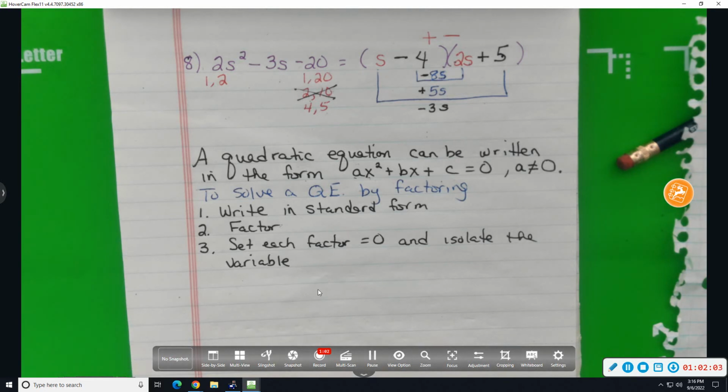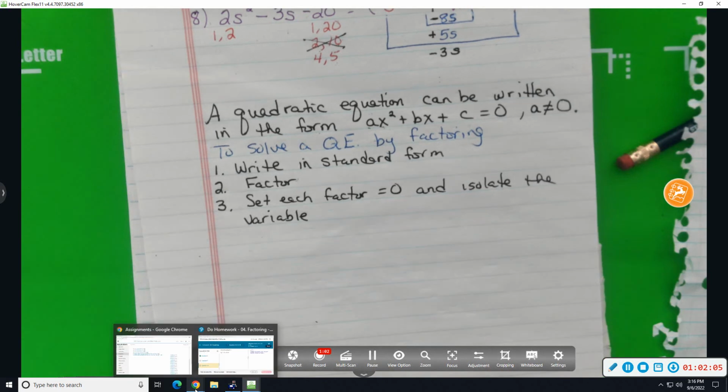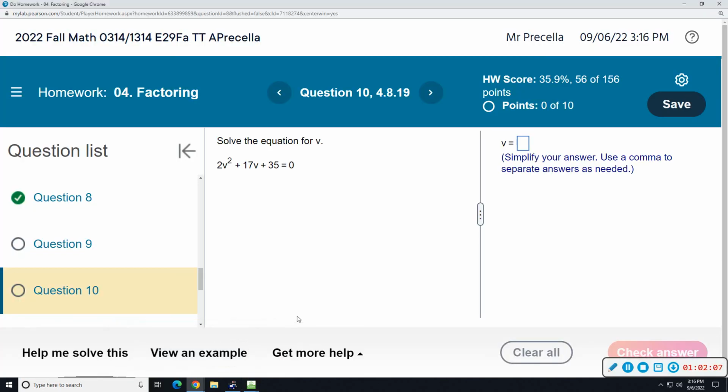And with that in mind, let's look at number 10. If you know how to factor, then once you practice factoring, solving these equations will be quite painless. 2b squared plus 17b plus 35 equals 0.